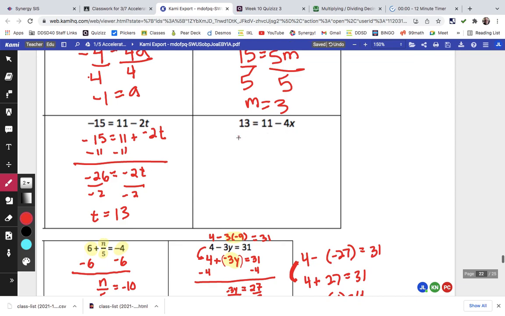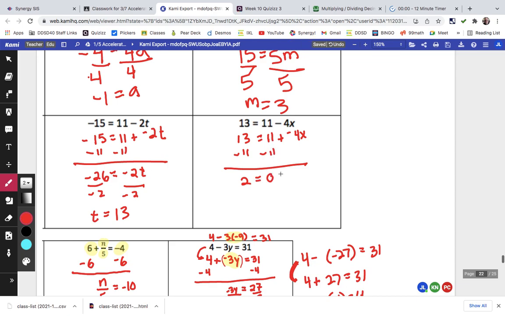Okay, on this one we're going to do the same thing. We're going to do 13 equals 11 plus a negative 4x. So we're going to now subtract 11, and that's equal to 2. On the left side of the equation, 11 minus 11 is 0.